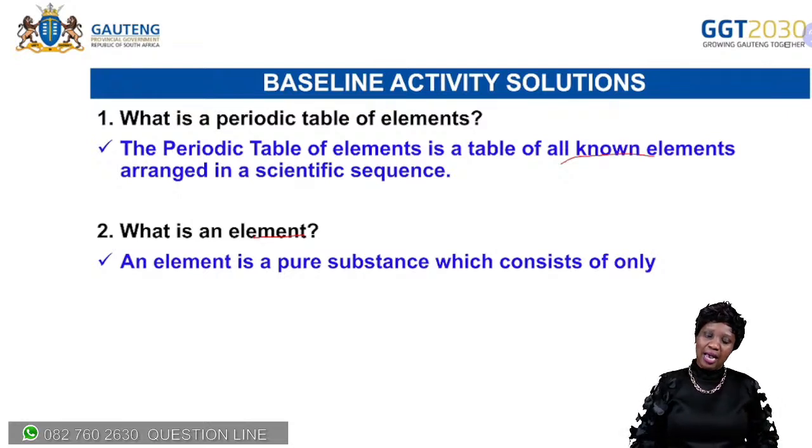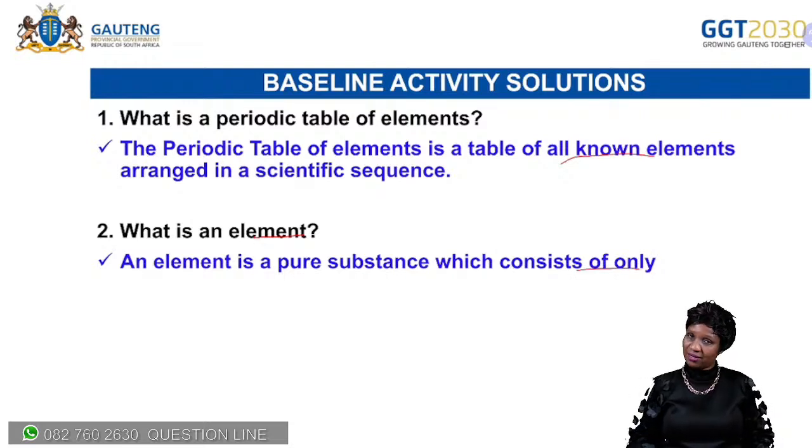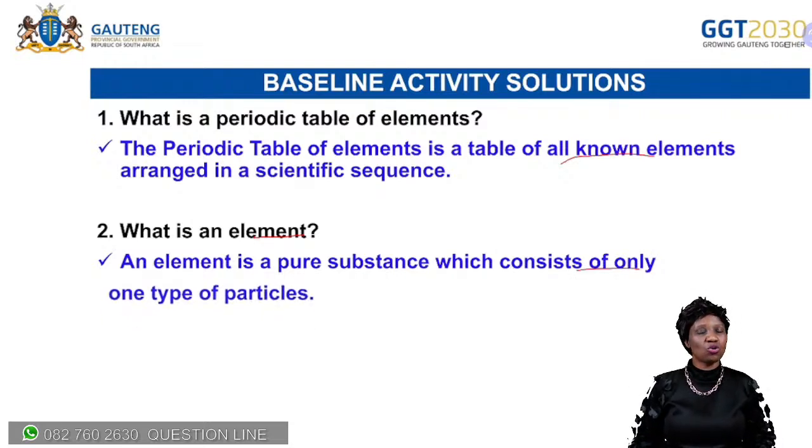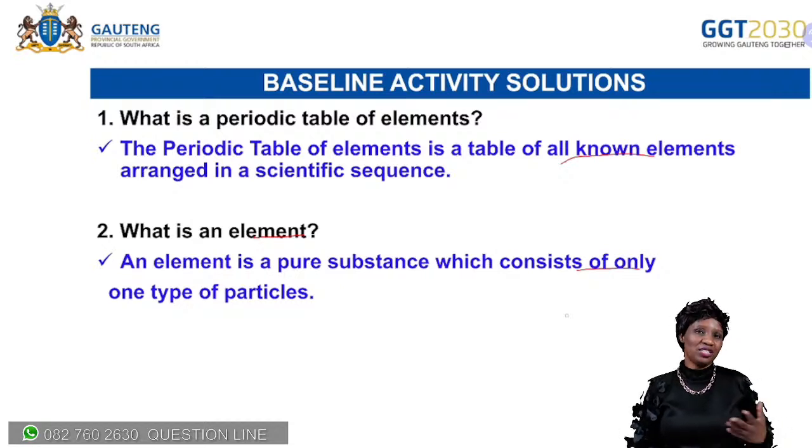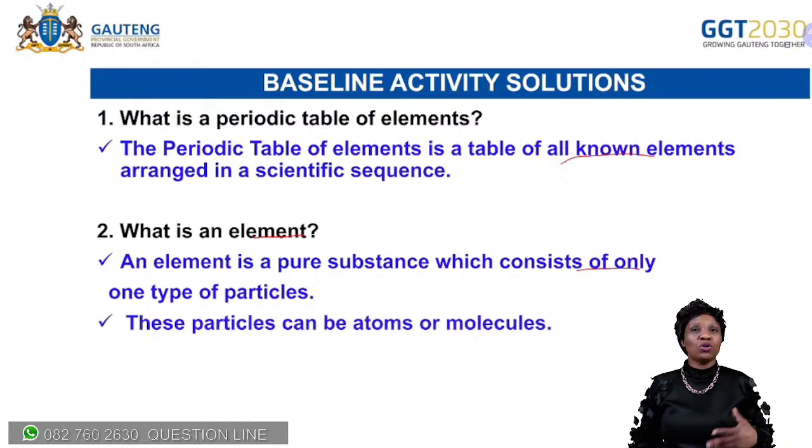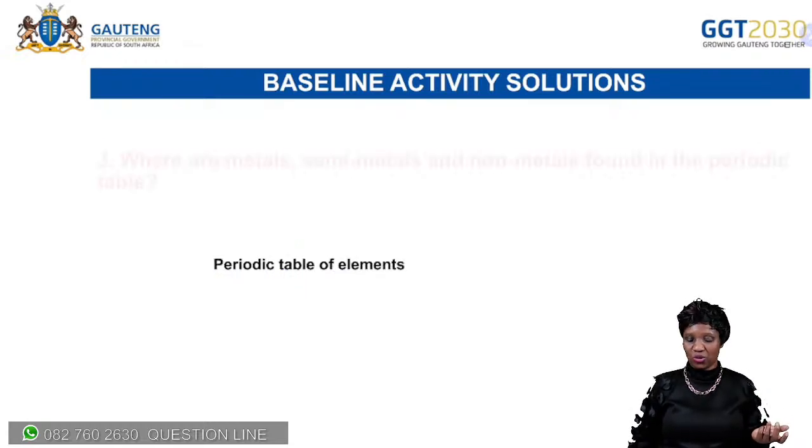Then you can answer this question, what is an element, by saying an element is a pure substance which consists of only one type of particles, or you can say atoms. All right. And then we call these particles atoms or even molecules.